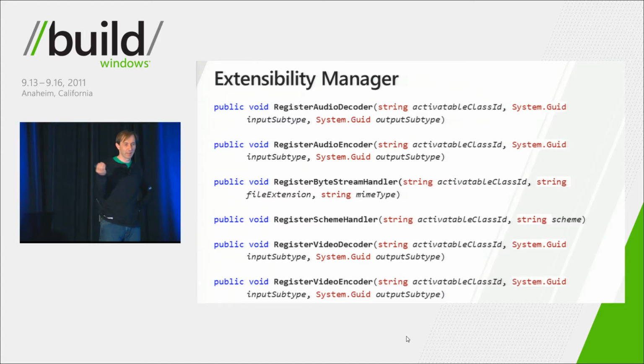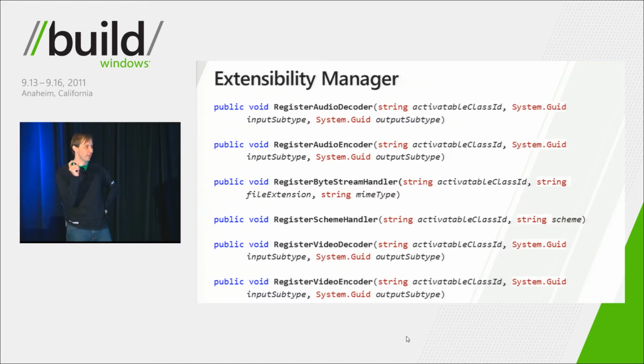The encoder is mainly for transcoding scenarios, as well as video encoders and decoders. And instead of a bytestream handler, you can use a scheme handler, which triggers off of the start of the URL, the HTTP colon or MMS colon or RTSP colon. You can trigger off of that rather than the file name extension or the content type.